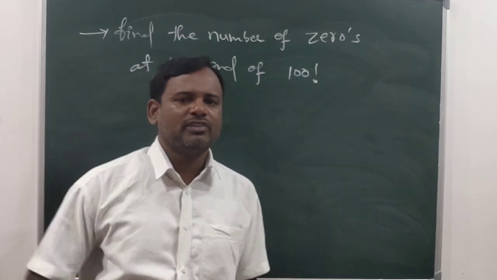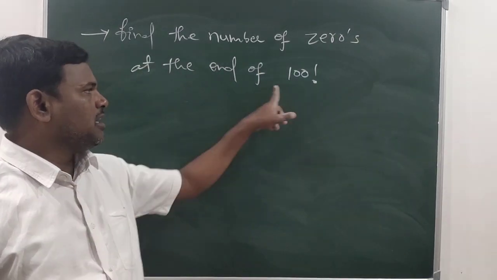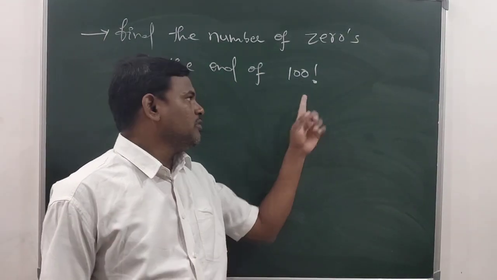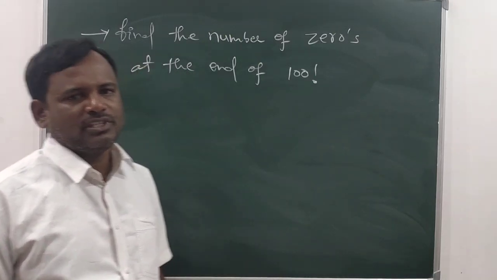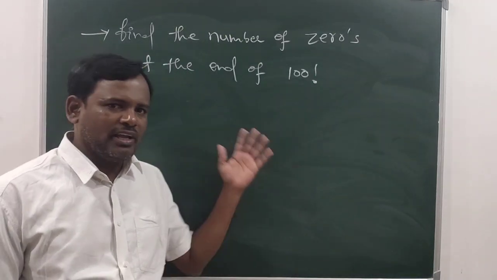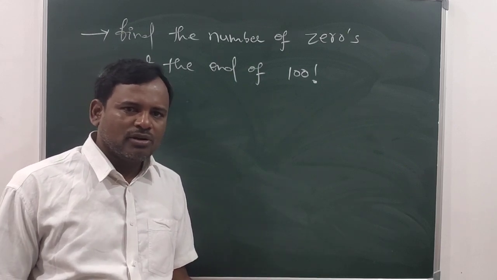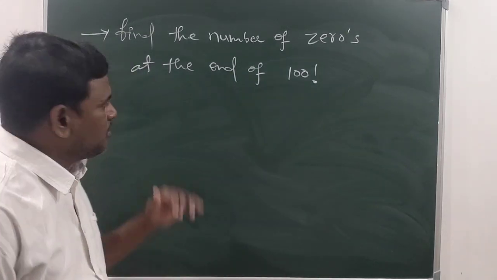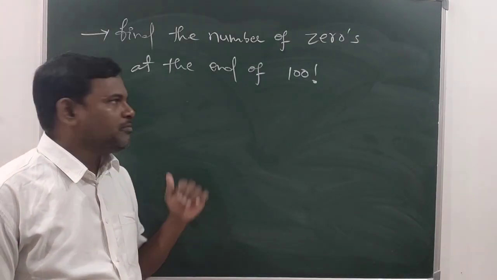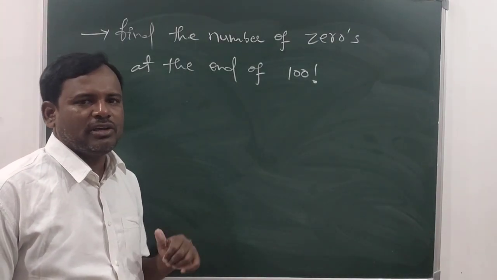If you multiply all of them, in the result, how many zeros does it end with? This is our question. Again, writing all those numbers and multiplying is a very big task, so with the help of this factorial concept, you can easily answer.